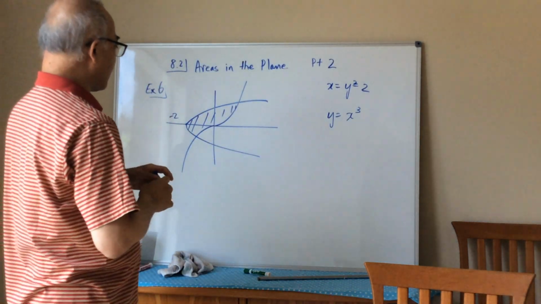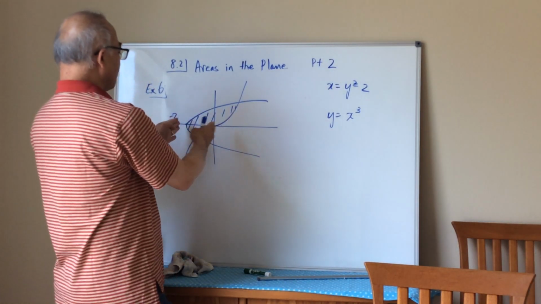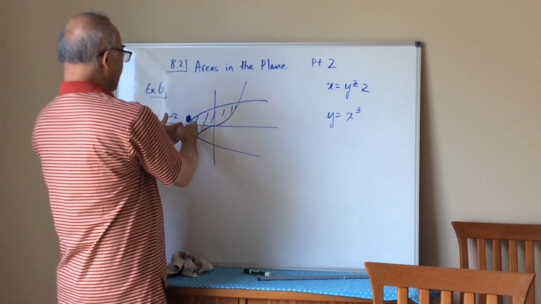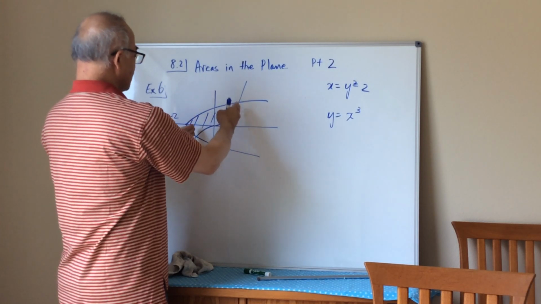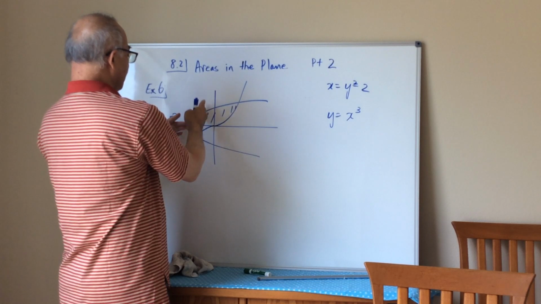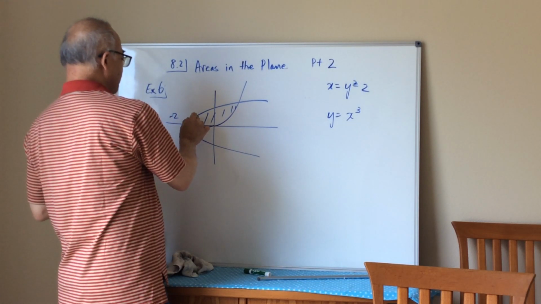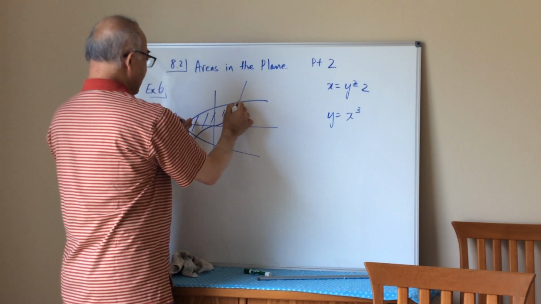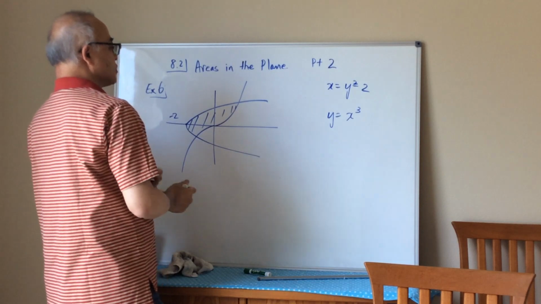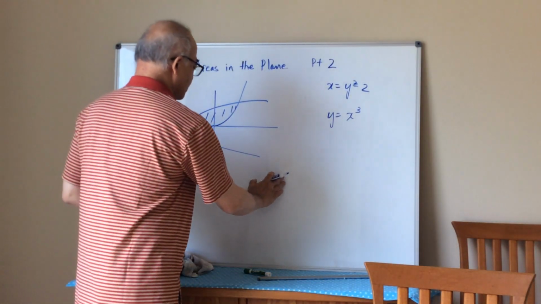Again, if I want to go from a dx standpoint, this region is going to be different than this region, because from here to here I am surrounded by this function and this function, but over here I'm surrounded by this function and a totally different function. So I would have to put it in 2 different regions.